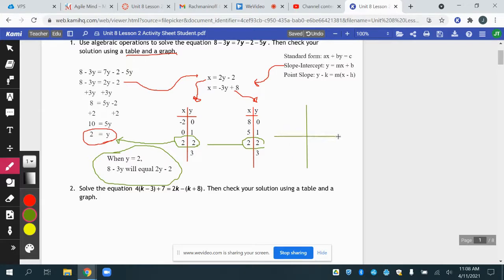You could graph them. Now notice one has a y-intercept of negative 2 right here, and it has a slope of 2, so it goes like this. We're just sketching this graph. This one has a y-intercept of 8, somewhere up here, and a slope of negative 3.